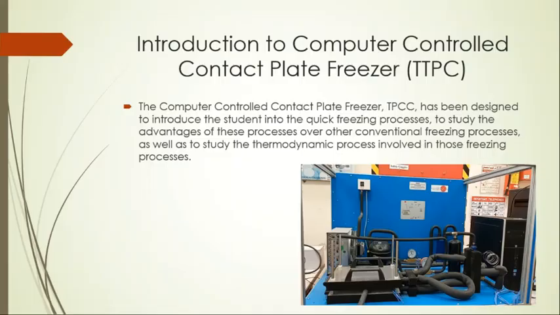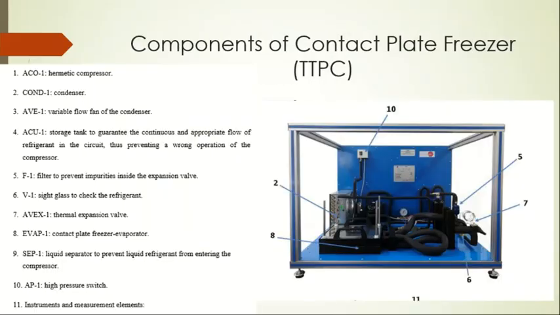So it's a very good unit, and again it's completely computer controlled, and apart from that it's SCADA based as well. So all the data is stored in your computer and you can analyze it after that. Now we will talk about the main component of contact plate freezer.